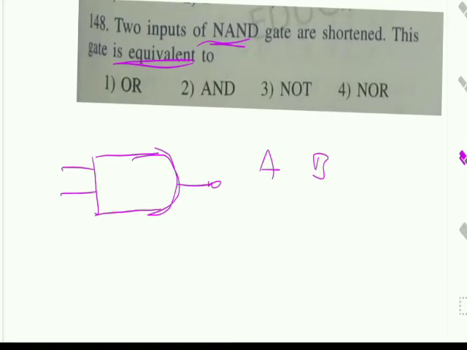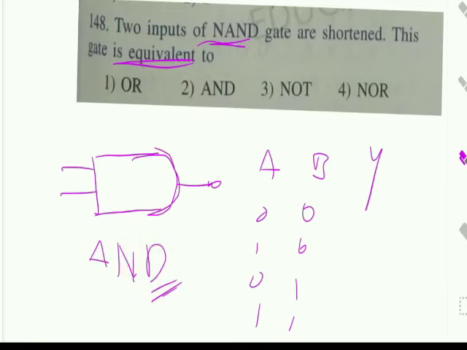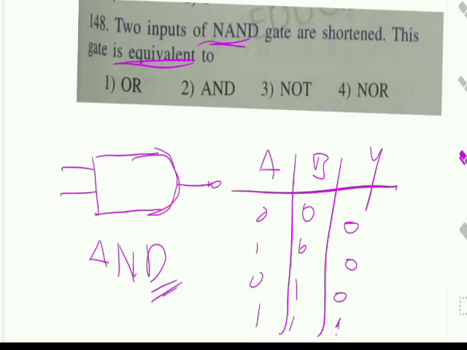A, B, Y: 0 0 0, 0 1 0, 1 0 0, 1 1 1. AND gate means dot: 0 dot 0, 0 dot 1, 1 dot 0, 1 dot 1. So this is the AND gate.